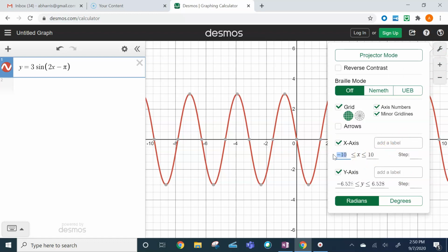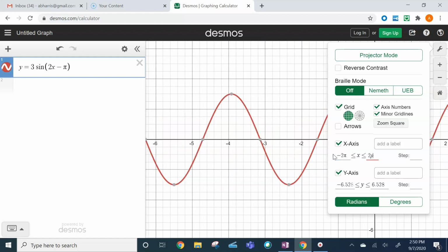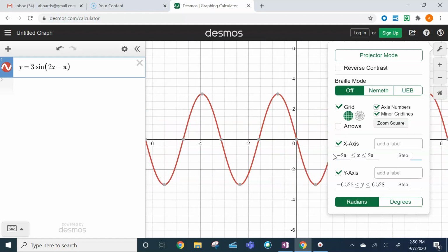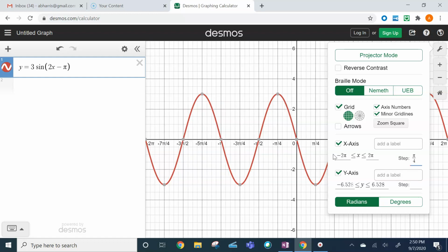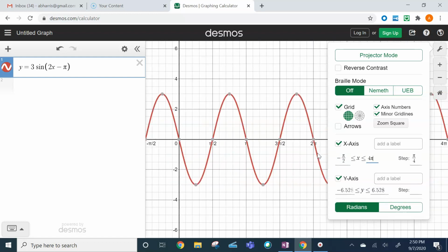Let me go from, I don't know, negative 2 pi to 2 pi. Let me have each step be pi fourths. You know what, actually, let me go from negative pi halves, and let me go clear to 4 pi. Be a little bit better.